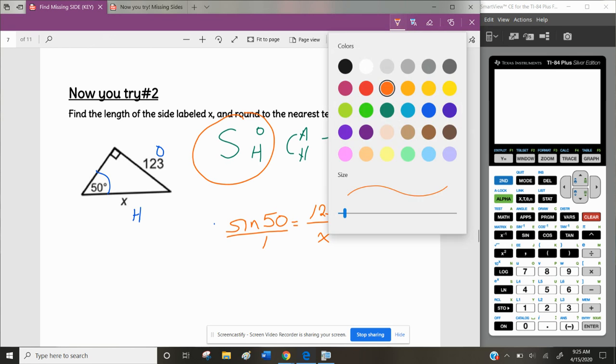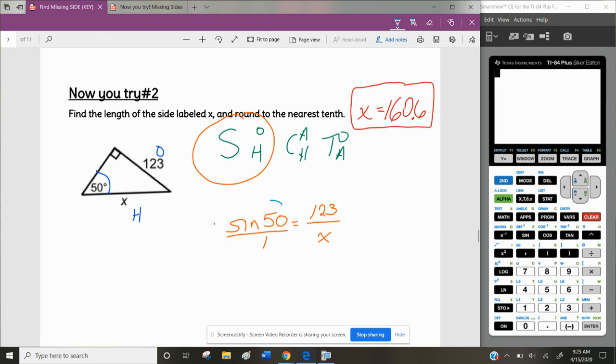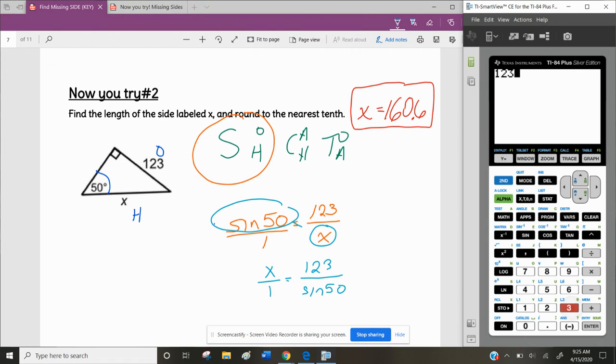So notice here our unknown is in our denominator. I can use cross multiplication to solve this, but when I do that, what happens is the x switches places with the sine of 50. So in my calculator, 123 divided by the sine of 50, and rounded to the nearest tenth, we get 160.6.